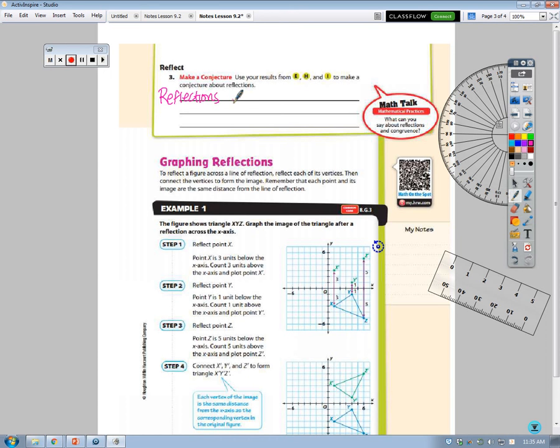Reflections preserve, or do not change, size, because our side lengths remain the same, and shape, from the image to pre-image. But orientation does change, right?